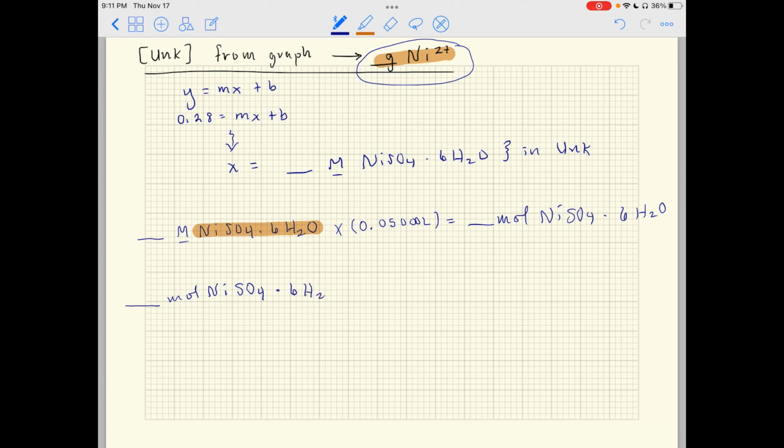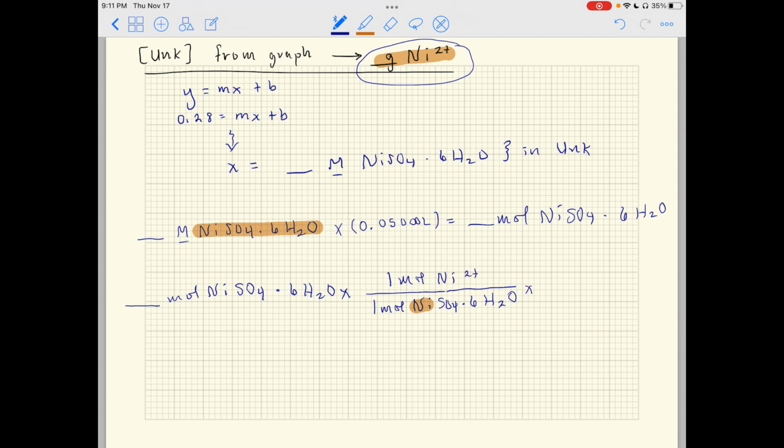So in this next step, we've got to get that to just nickel. So we're going to do a chemical formula conversion, noting that for every 1 mole of nickel sulfate hexahydrate, there are how many moles of nickel in there? So notice just 1 mole of nickel 2 plus in that whole molecule.